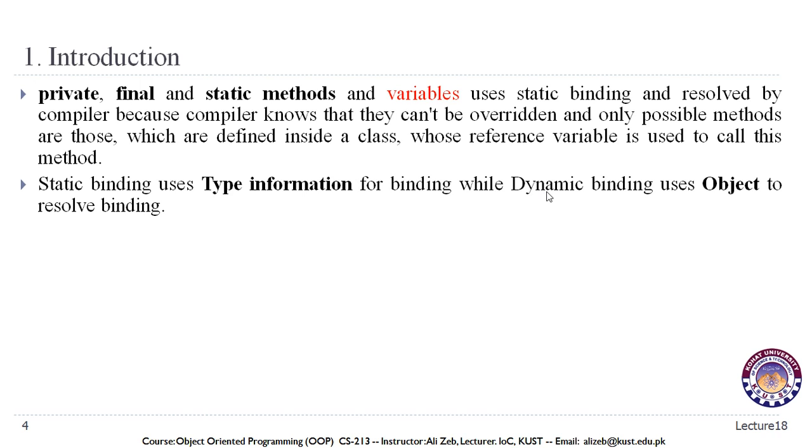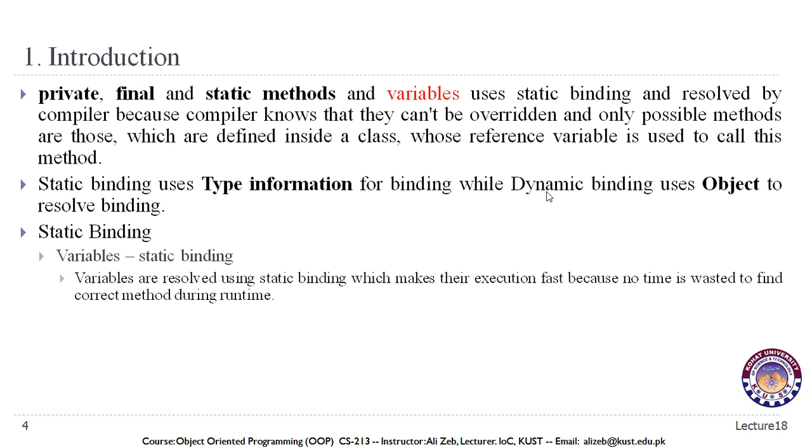Static binding uses type information for binding while dynamic binding uses the object to resolve binding. Variables, for example, use static binding. Variables are resolved using static binding, which makes their execution fast because no time is wasted finding the correct method during runtime.